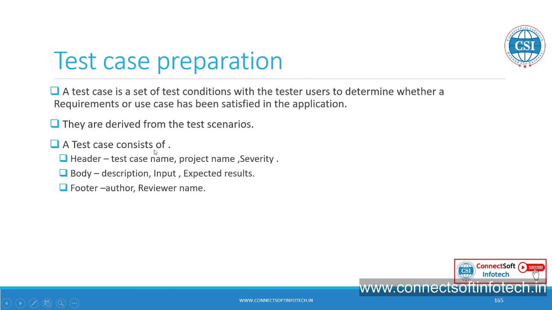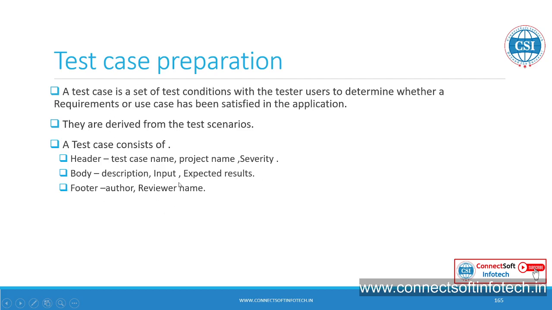Test cases consist of what? The template: header, body and footer. Header contains the test case name, project name, severity. Then the body contains description, input, actual result, expected result, etc. The footer contains the author, reviewer and name.